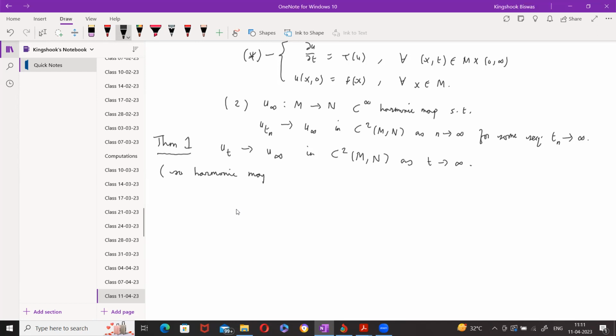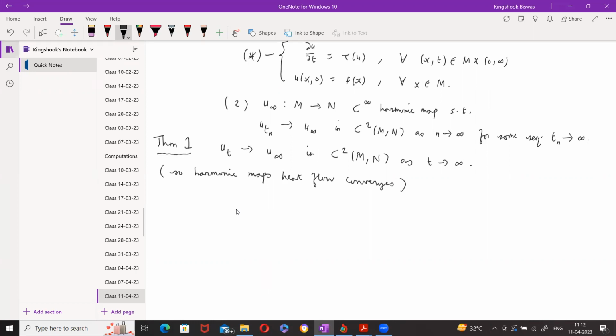Is the statement clear? Yeah, it's clear. So the main step is to look at the following: you take two homotopic maps and then apply the heat flow to them and see what happens to the homotopy.